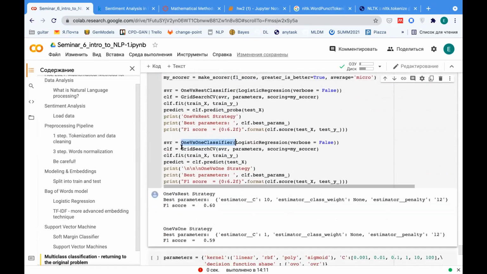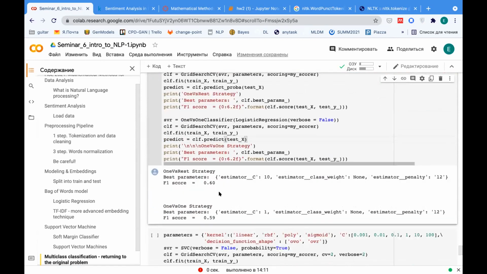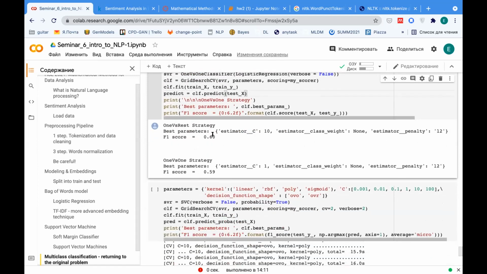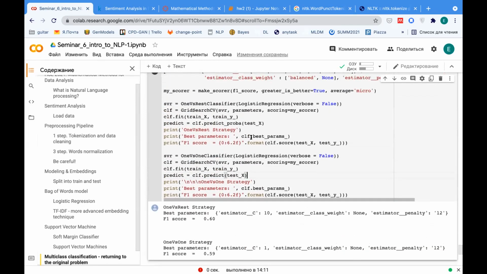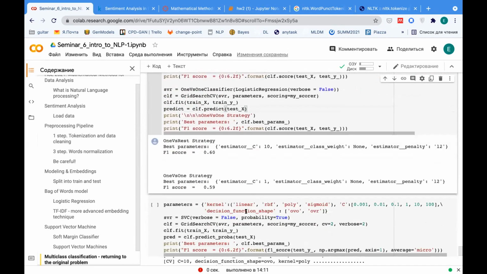And again we run grid search to find the best parameters. We can see that the F1 score is similar for the strategies, so we can use them. But also you can see that the F1 score is not so big as it was for binary problems, since we have more classes and it's harder to separate them.